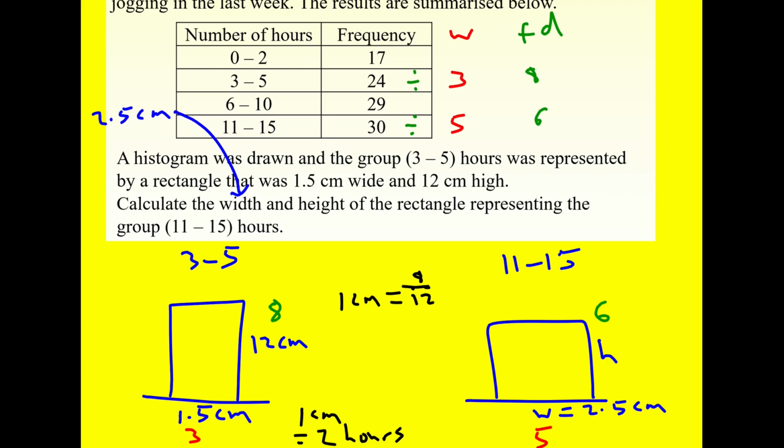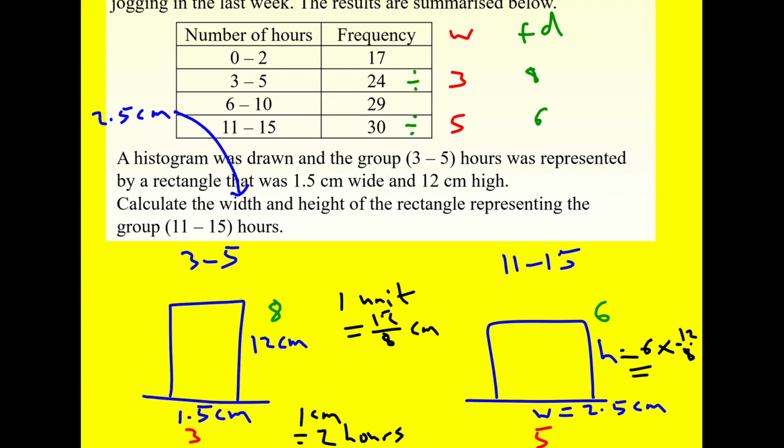Or maybe I shouldn't do that. I should work out what 1 unit is worth. 1 unit is equal to 12 over 8 centimeters. Because now it's going to be 6 times 12 over 8, okay, to get the number of centimeters.